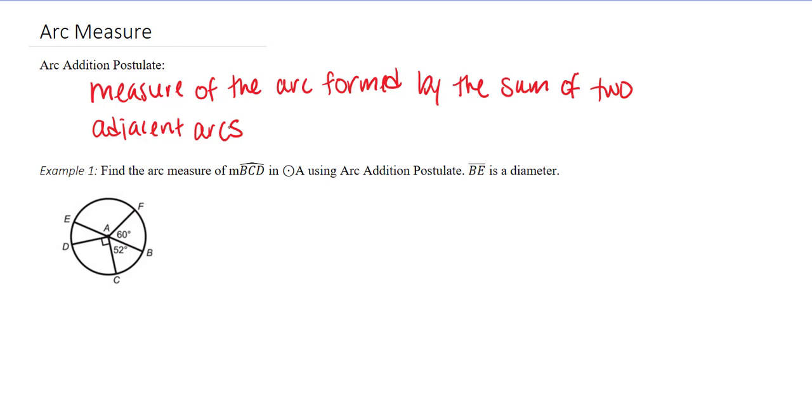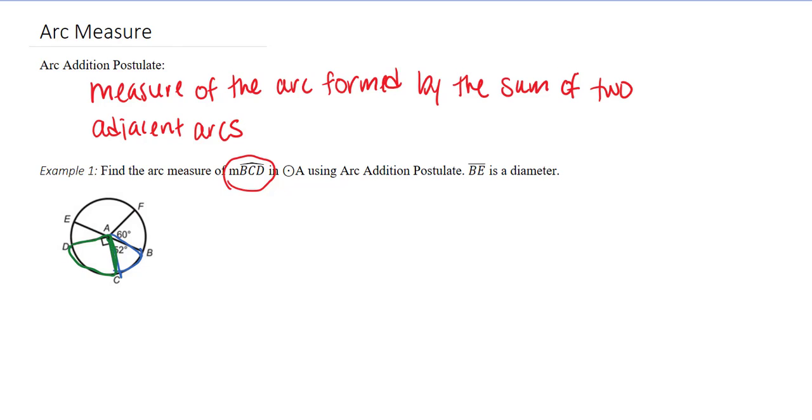So in this one, example 1, we're going to find the arc measure of the arc BCD in the circle below using the arc addition postulate. So once again, B is the diameter. So we're looking at this. This is the larger arc that's formed when you break it down into two separate ones that are adjacent to each other.